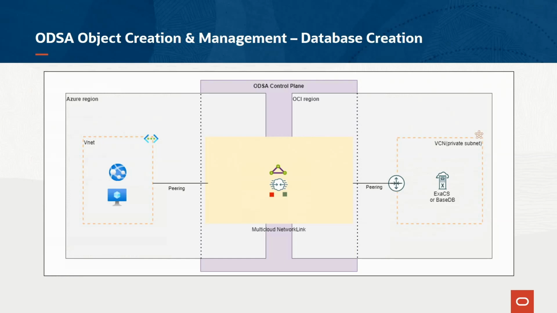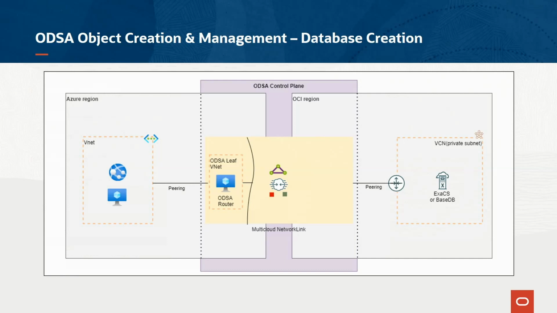And then if we look just a little bit closer, and this will be important to understand later, the first thing on the Azure side that your VNet will connect to is a VNet that gets especially created for every database that gets created, an ODSA VNet, which is paired with the customer's VNet. And within that, there is an ODSA router.